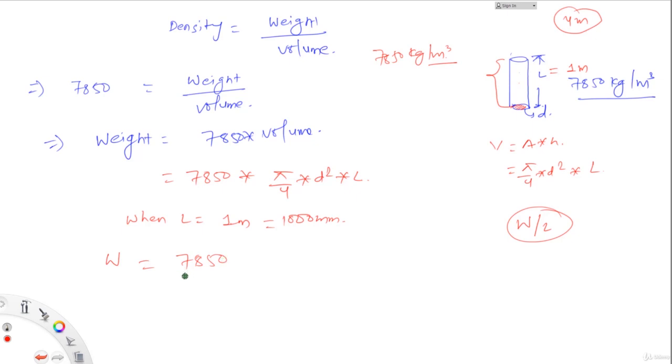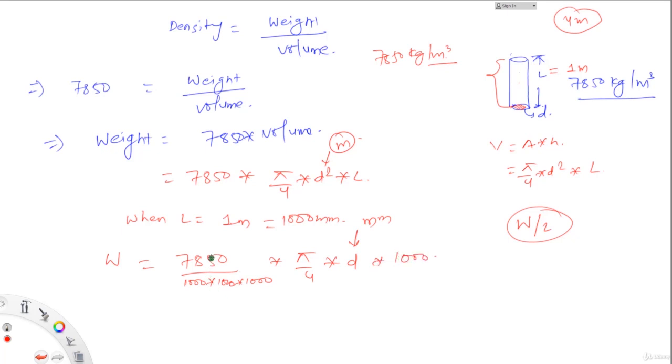7850 divided by, so this is kg per meter cube. If I convert this meter cube to mm cube, this will be 1000 times 1000 times 1000, times pi by 4 times d square. Now this d will be in mm. Here the d was in meters, now this d is in mm, times 1000.